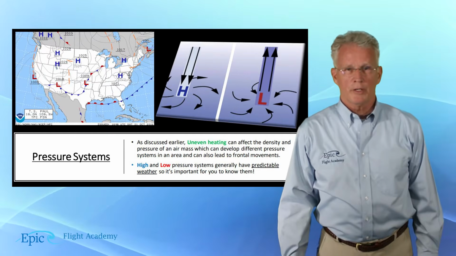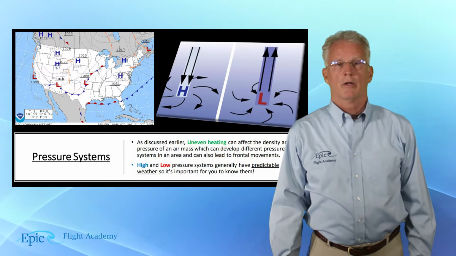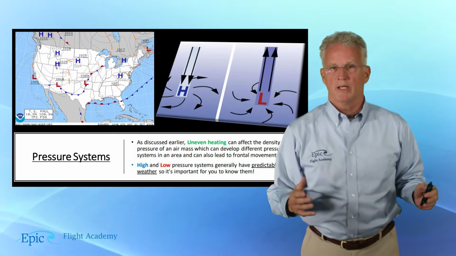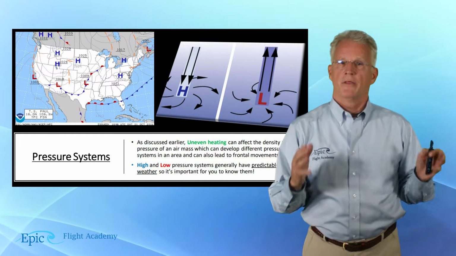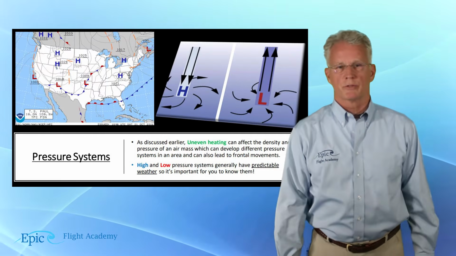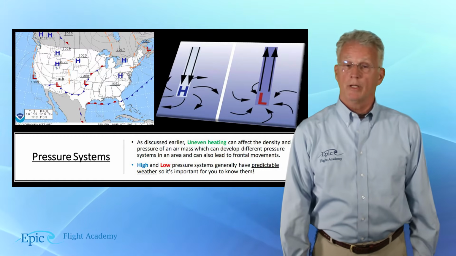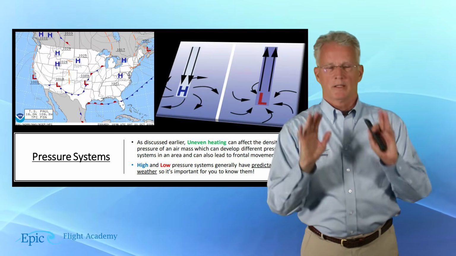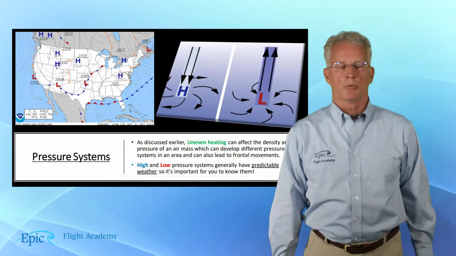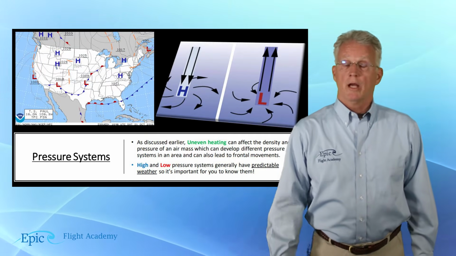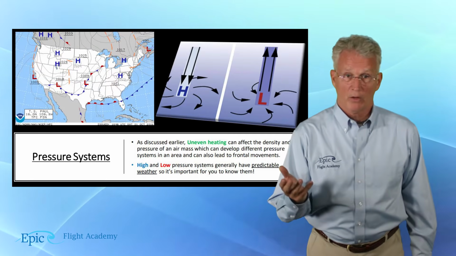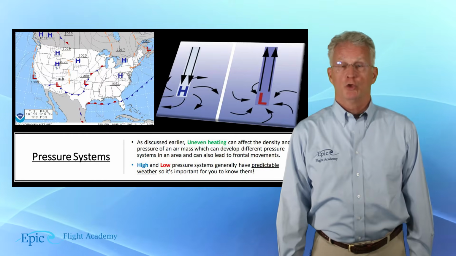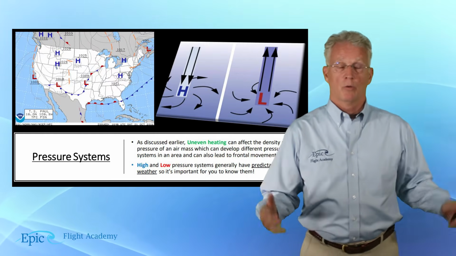So these pressure systems are a result of uneven surface heating. And the characteristics of these pressure systems are pretty clear. We know that nature will make an attempt to equalize that pressure, so air will always flow from areas of high pressure to areas of low pressure.